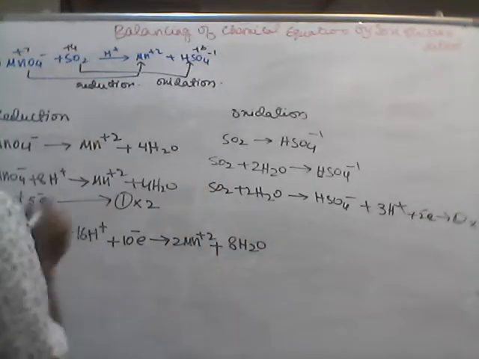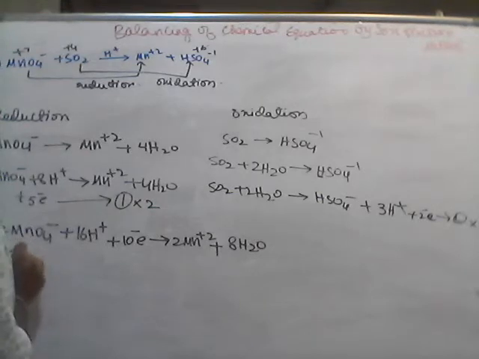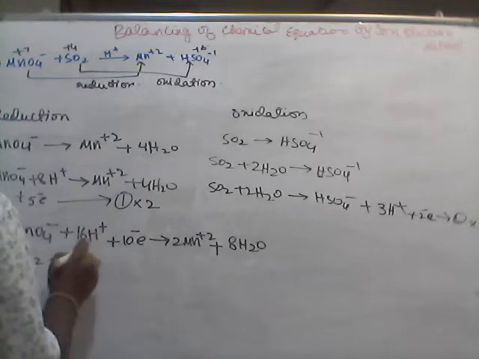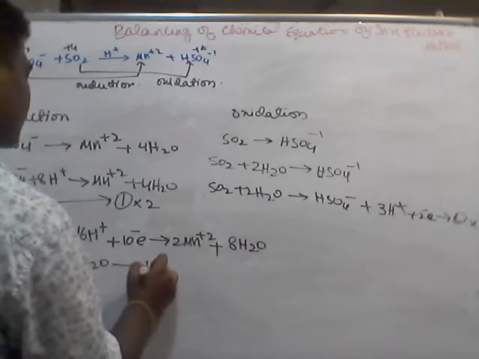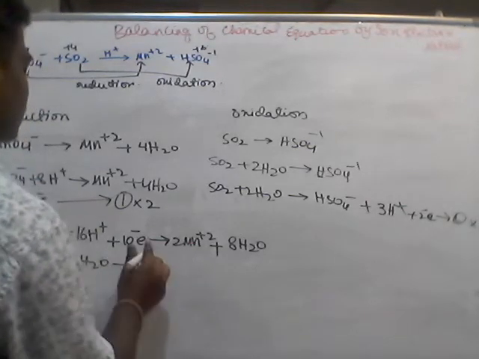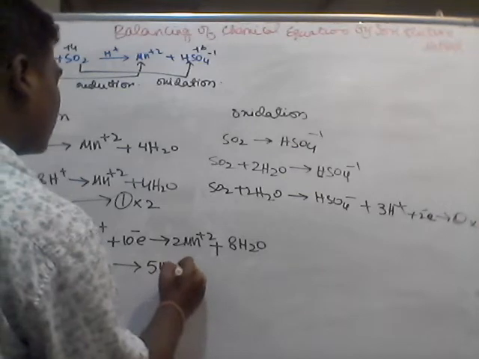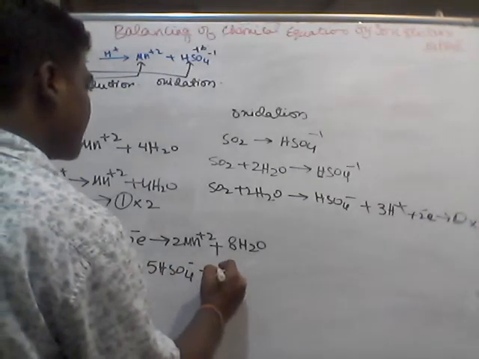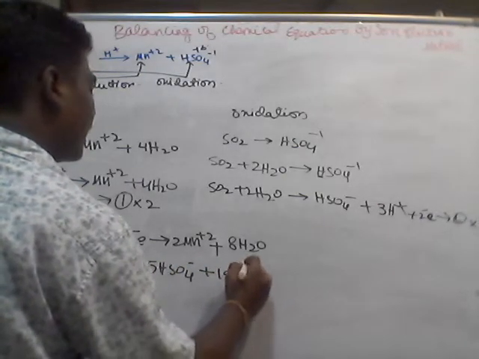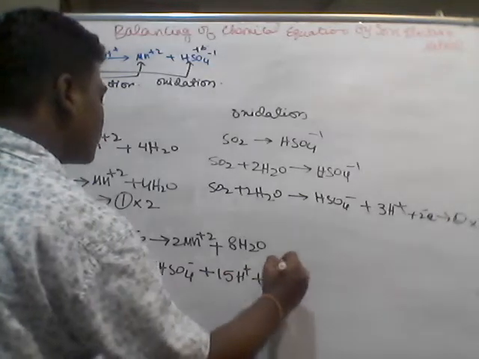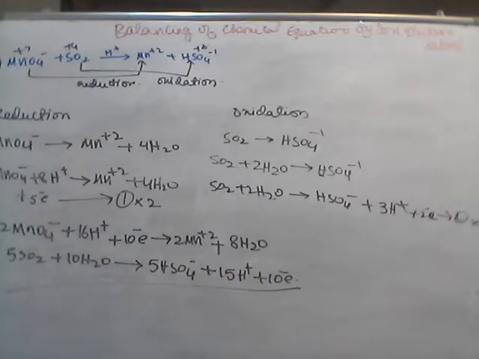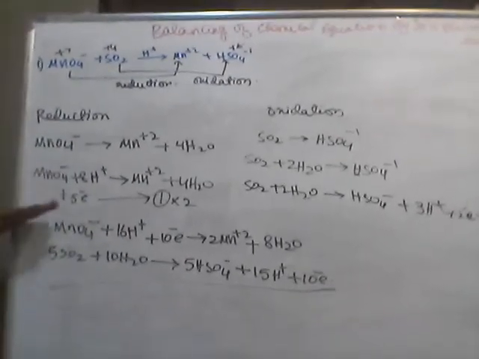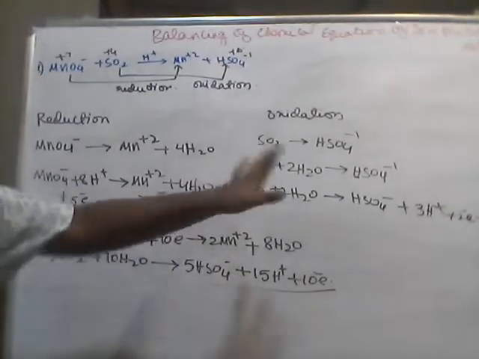Coming to this, 5SO2, 5 twos are 10 H2O gives 5 HSO4 minus plus 5 threes are 15 H plus, plus 5 twos are 10 electrons. This is the final equation that we get after multiplying with the 2 and 5 respectively.